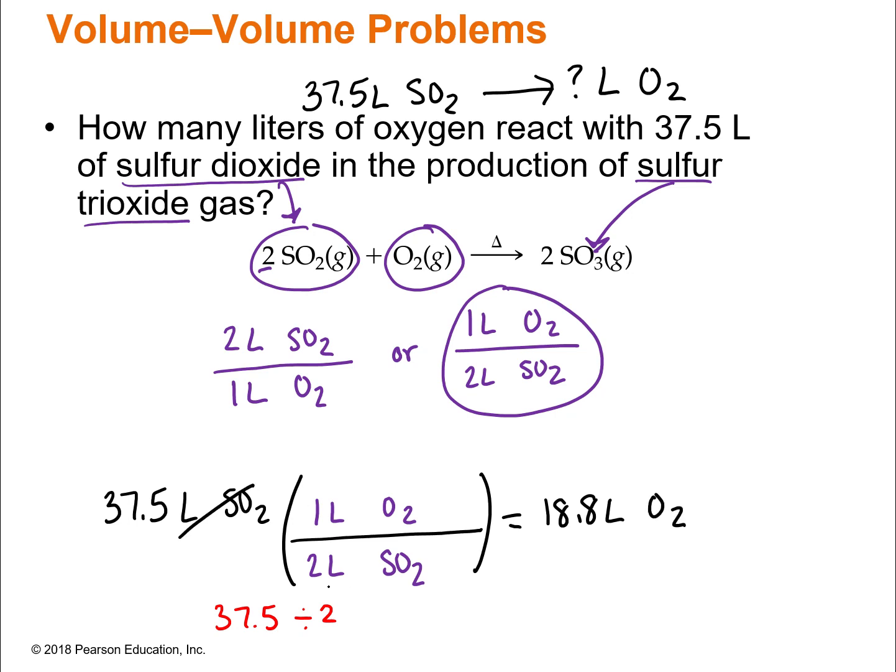Remember, these two cancel. You're left with liters of oxygen gas. Don't forget your units. And also watch these problems. Right now we see liters, but you could also see milliliters or something else. So make sure you answer the actual question. Liters, milliliters, deciliters. Make sure you really read.